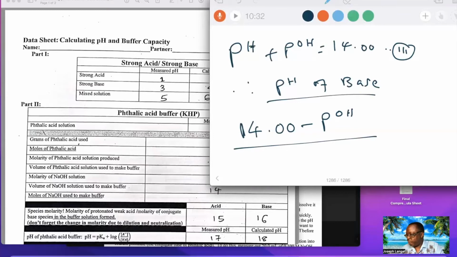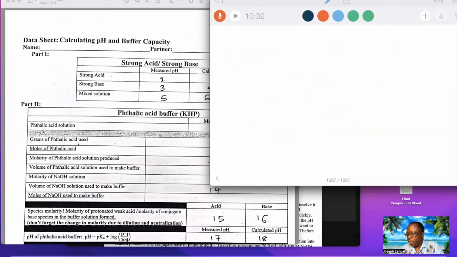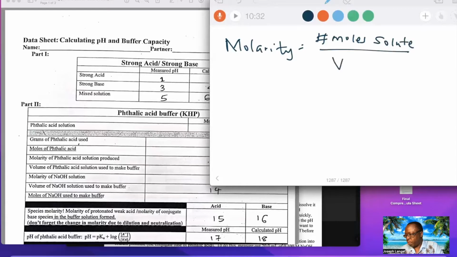Now, apart from that, molarity of a solution is given by the number of moles of solute over volume in liters of solution, volume in liters of solution.